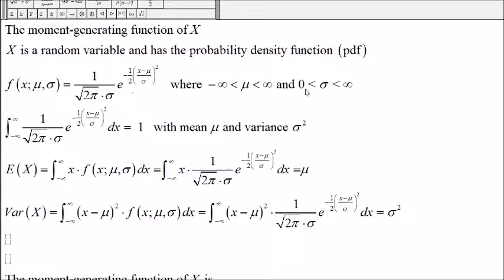And once more, sigma is just a real number between 0 and infinity, and mu is just a real number. In earlier videos, we have shown that the integral from negative infinity to positive infinity with the normal density function as the integrand is equal to 1.